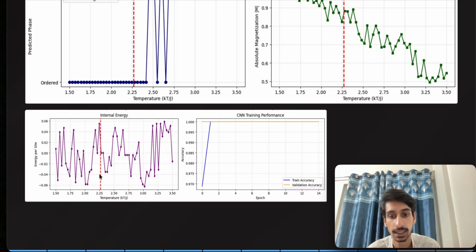So at T equal to the critical temperature, the slope changes sharply, like here, the hallmark of a second order transition. So no jump, unlike first order, just an inflection.